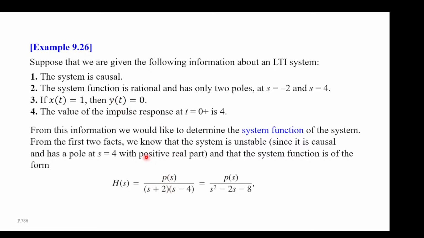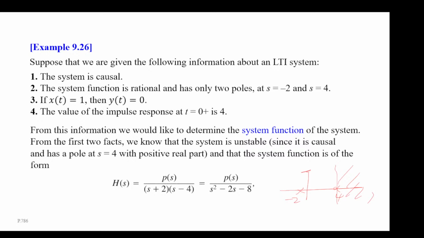So you know the system function must be some polynomial over s plus 2 and s minus 4. Because you already know where the poles are, and it's rational and causal, now you know the ROC. The poles are at s equal to -2 and s equal to 4, and since it's causal, the ROC must be the rightmost ROC.